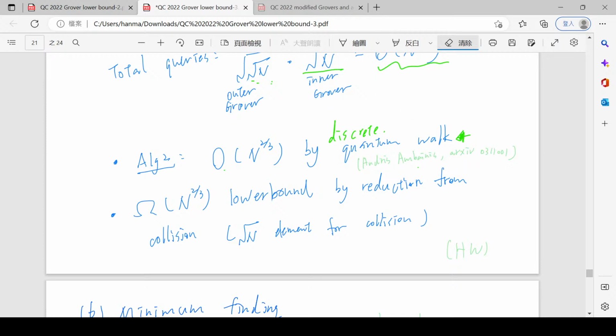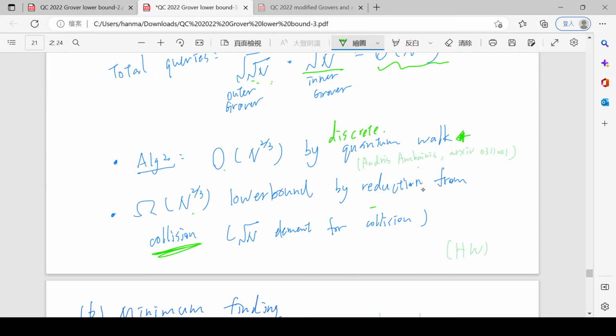And for lower bound, there is a matching lower bound, omega n to the 2/3. And the lower bound is actually easy now because you can just reduce the lower bound to the collision problem.